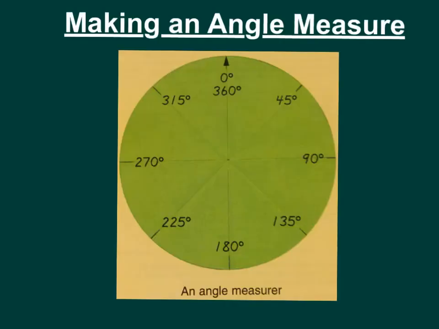Now you're going to get a chance to make an angle measurer. You're going to use this tool on your homework today. Start by cutting out the circle. When you have the circle cut out, you're going to fold it in half.